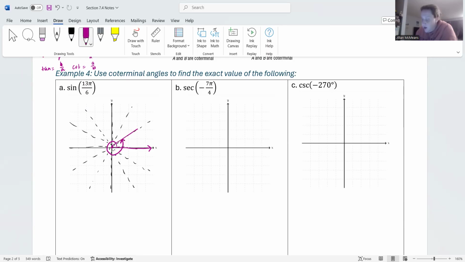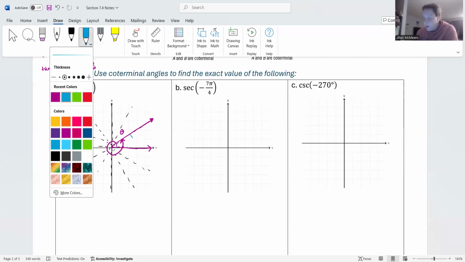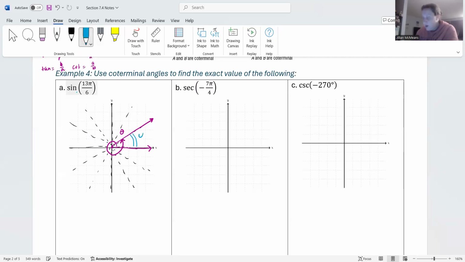So this is our angle right here. This is theta. We know theta is 13 pi over 6. Well, we did one full revolution plus a little bit more. So let's think of another angle that's maybe easier to work with that has the same terminal side as 13 pi over 6. If I look right here at this angle, let's say we call it alpha. What is that angle?